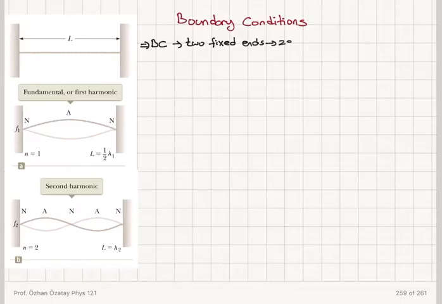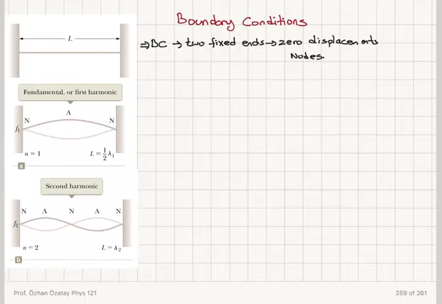Fixed ends means we're going to have zero displacement at these ends no matter what. So that means in the standing wave terminology, these ends should be nodes.